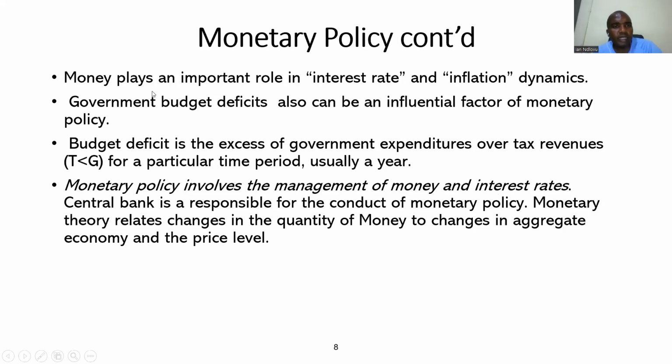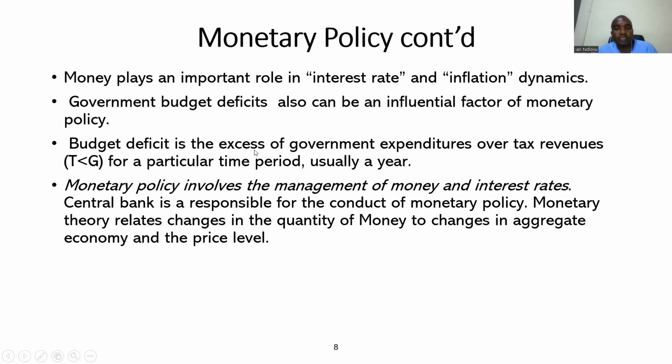Now, money plays an important role in interest rate and inflation dynamics in an economy. You can't divorce money from the interest rate and inflation. The government budget deficits also can be an influential effect of monetary policy.